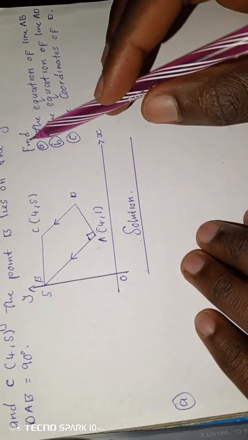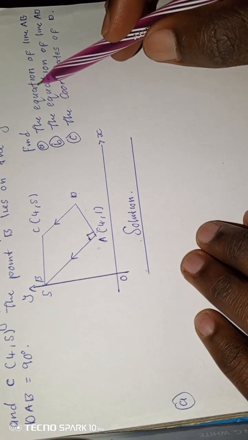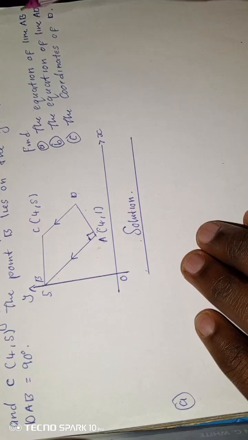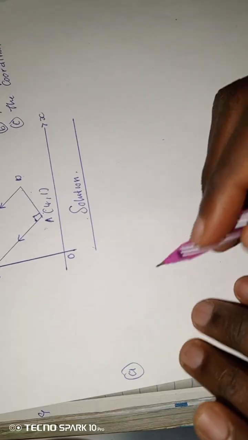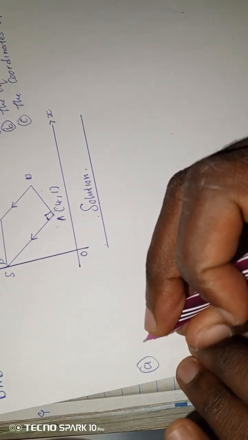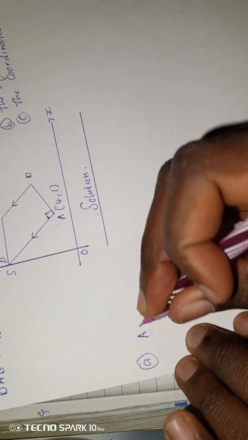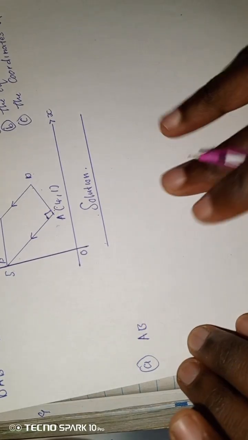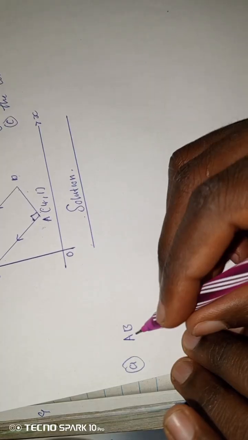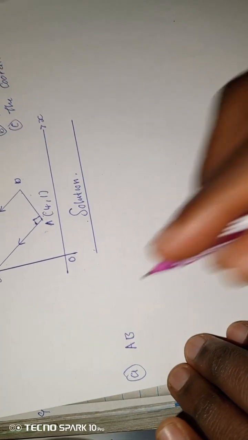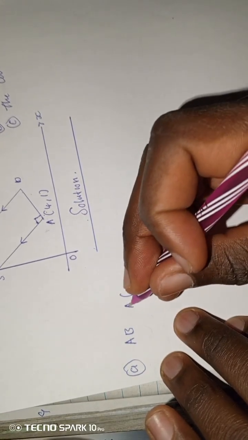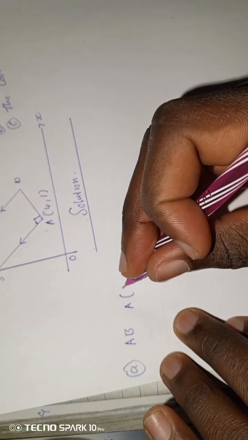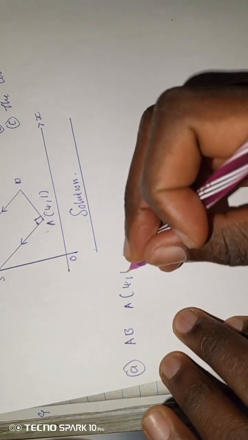So the question says find the equation of line AB. Okay, so let's start. The first thing here, we need to know the coordinates for A and B, and the coordinates for A we have been given, it's 4, 1.